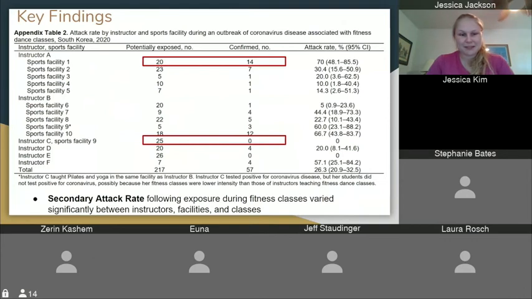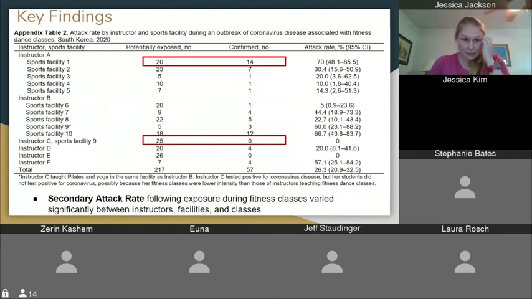Might be a possibility, yeah. That was one of the factors they cited as being correlated, because this instructor just taught Pilates and yoga, which are much milder intensity classes, so people would be breathing in and out less.